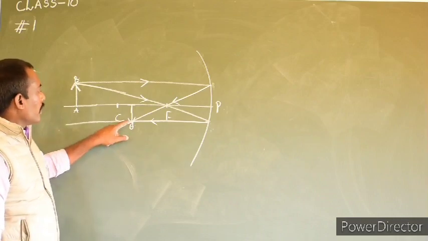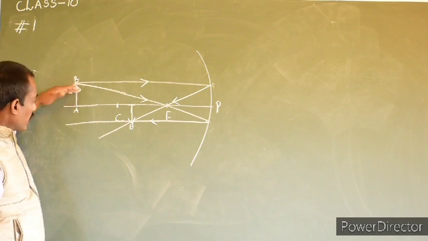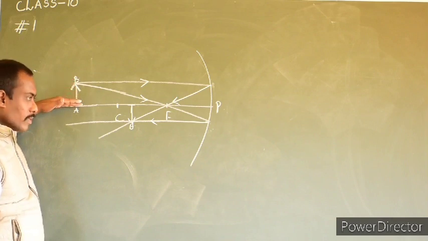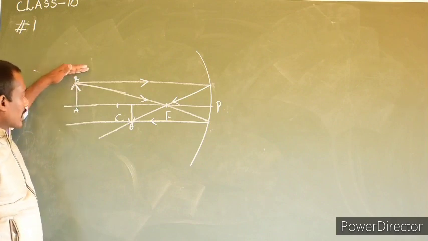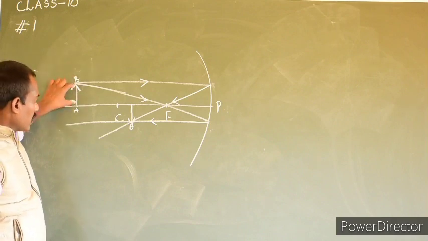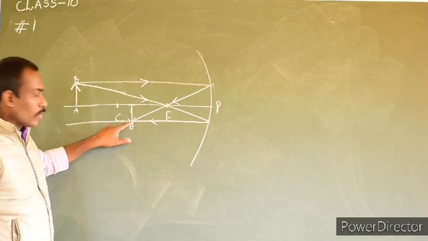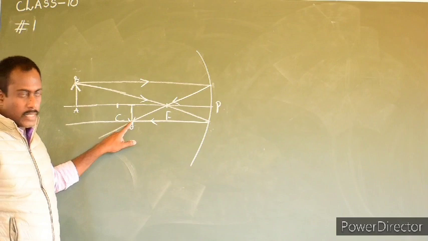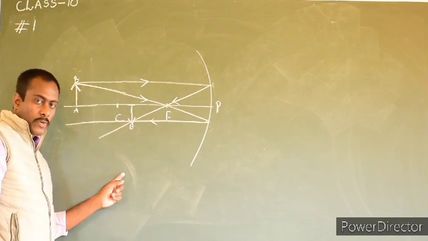Now this is the position of the object where the object is in the positive direction, that means in the upward direction, upright, and here the image is formed as inverted. The image is inverted here. And where is the image formed?